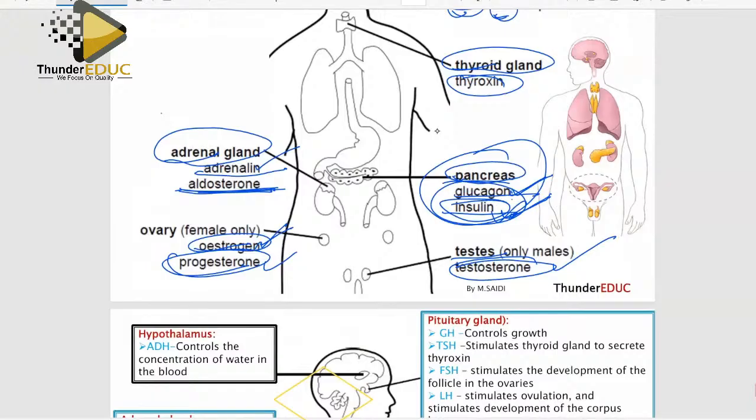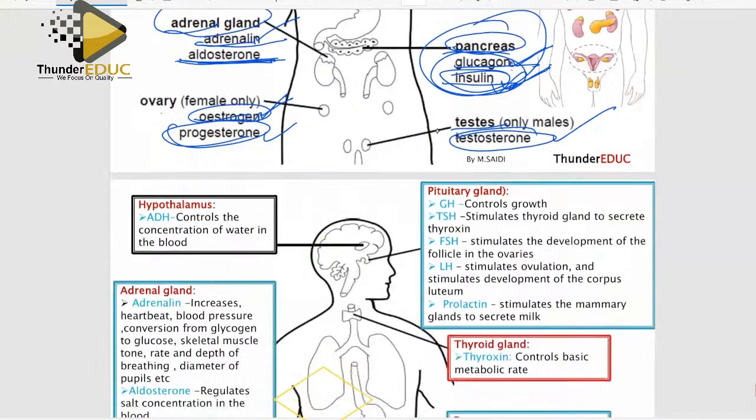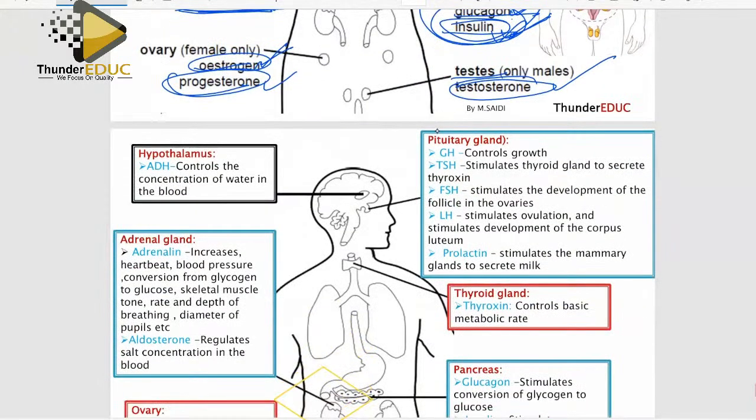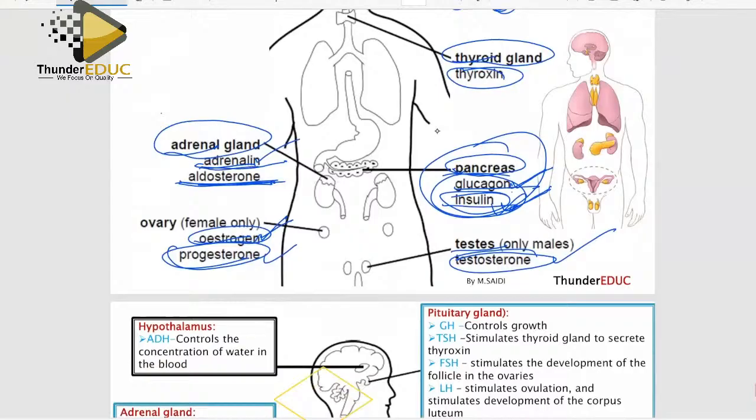You sweat too much. All that is as a result of the heartbeat increasing, you breathe deeply. So you see that all that is adrenaline. Heartbeat and blood pressure increase. Glycogen is converted to glucose so that now you have more glucose to fight. The skeletal muscles tone, they become stiff. You are ready to fight.